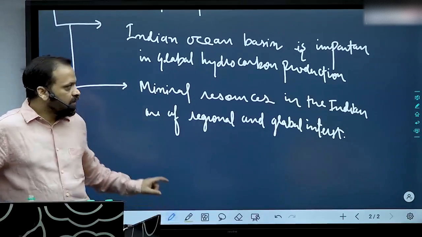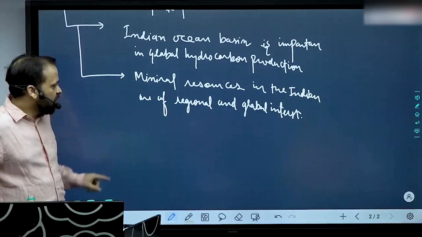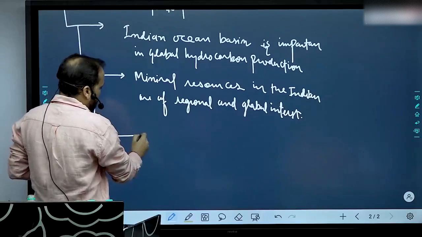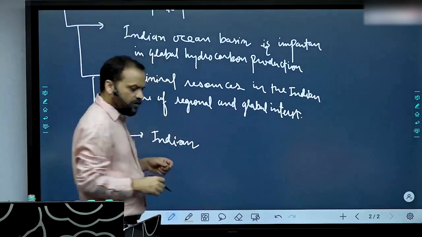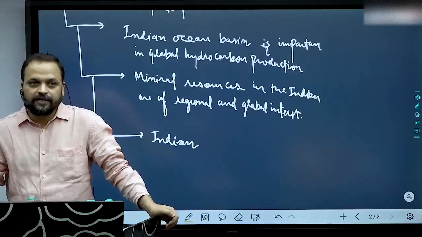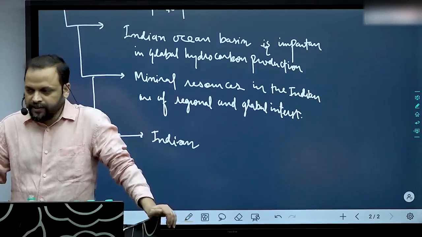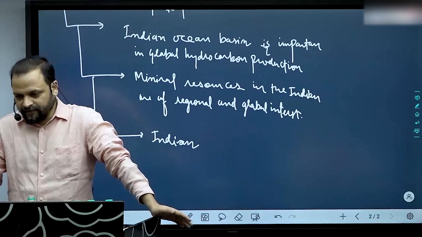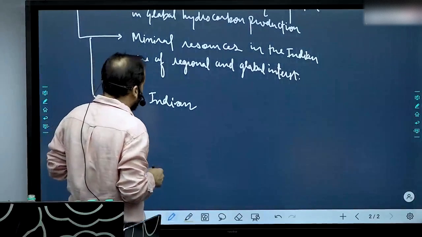That also tells you that the Indian Ocean generally is of larger significance. What else? Fishing, you can add. The Indian Ocean is not very significant in terms of global fishing; 70% of the global fisheries catch comes from the Pacific. But the Indian Ocean is also important in some species, shrimp and tuna, so it is of growing significance. You can write fishing also, but I've given you an idea that you talk about resources as well.